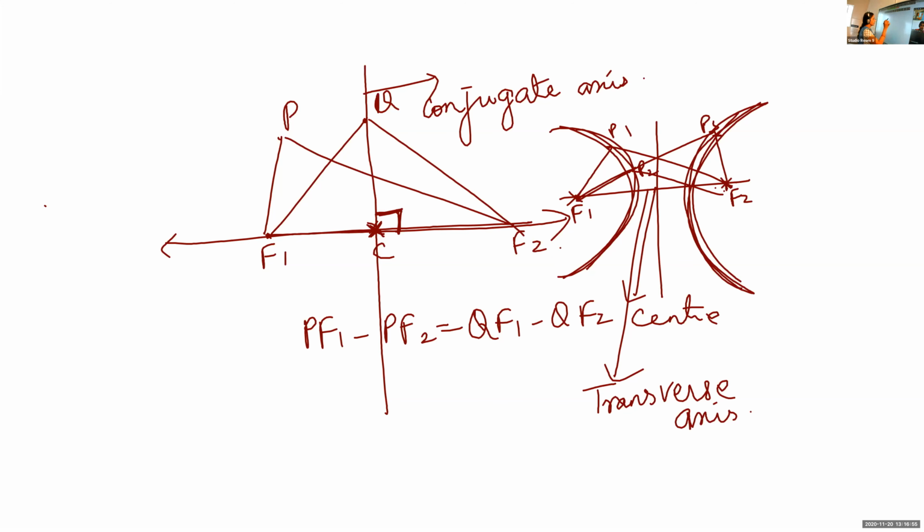Once again, I'll repeat. We have two fixed points, F1 and F2. We take only those points for which the difference of the distances from these two fixed points is a constant. Now we join F1 and F2 by a line segment and find the midpoint. That gives the center.